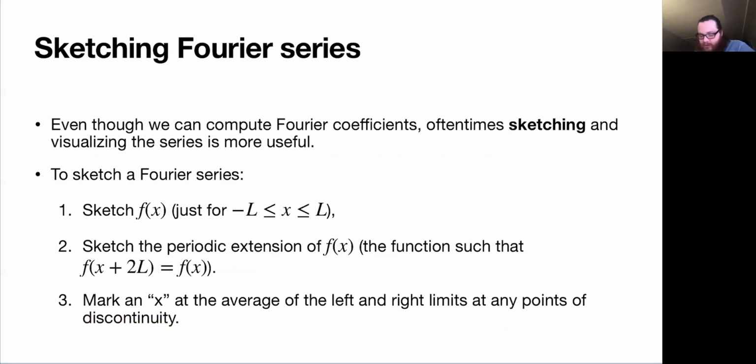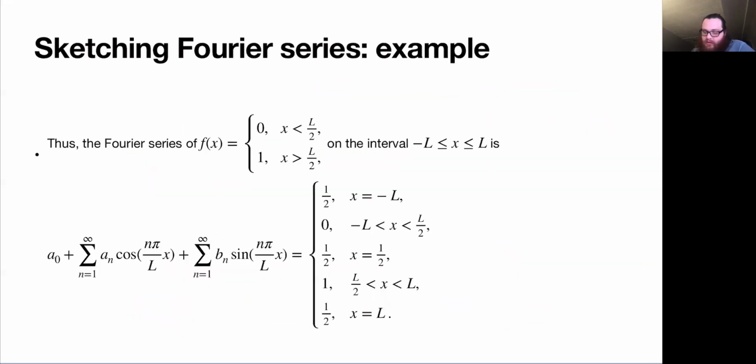But sketching Fourier series is nice and all, if we actually want to use a Fourier series for anything, we actually need to compute the coefficients and use those coefficients.